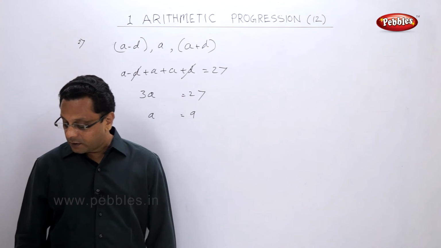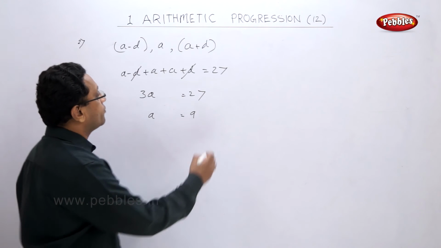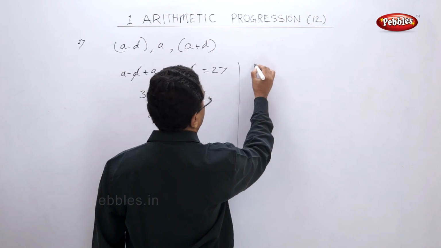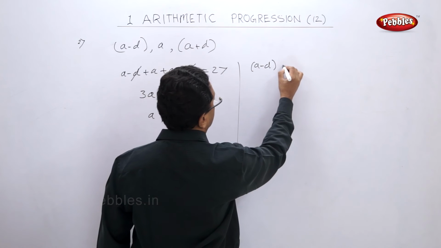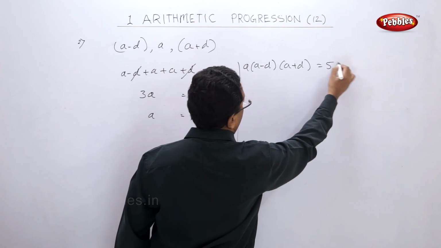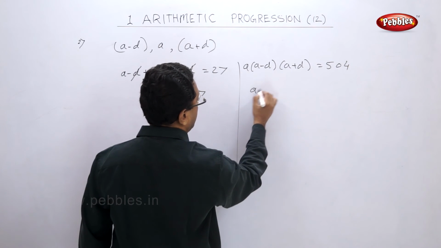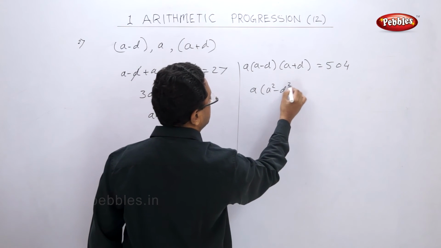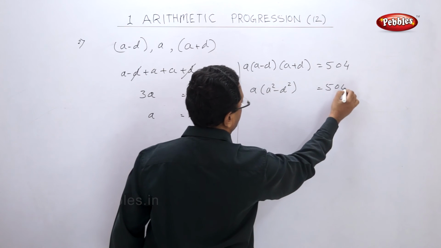And then they say their product is 504. What is their product? (a minus d) into a into (a plus d) is 504. So I have a into (a square minus d square) is equal to 504.